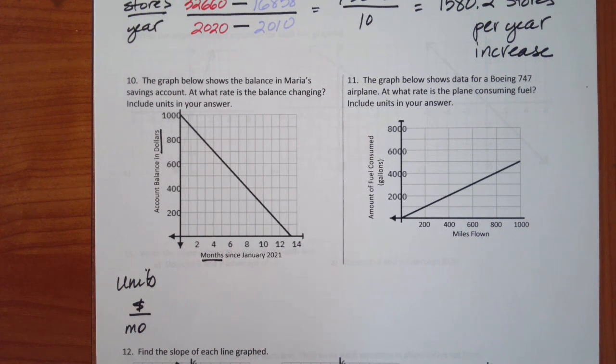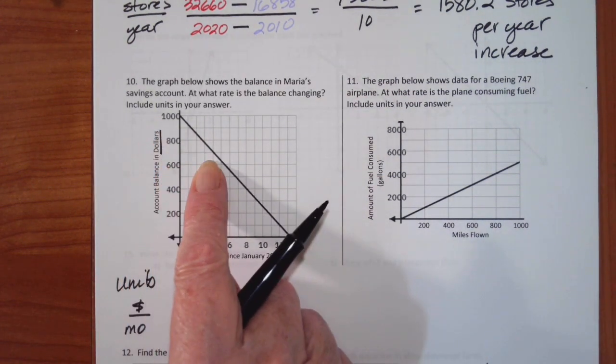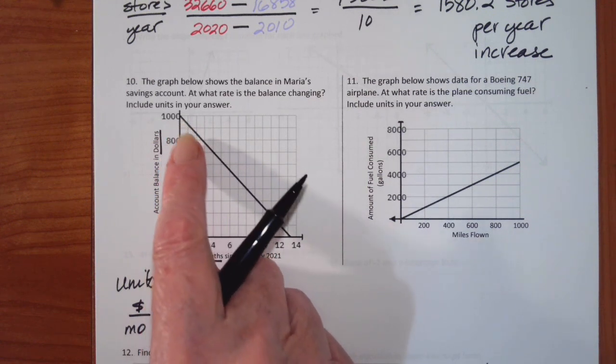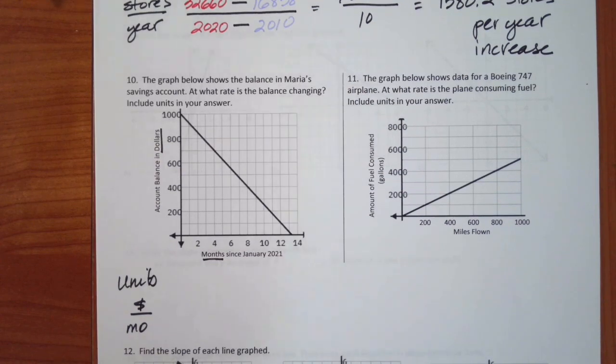So what I need to do now is find 2 points on the graph. And since they're scaled differently, I can't just count boxes. I can't just say, all right, I'm going to start here and go down 1, 2, 3, and over 1, 2, 3, 4. That's not going to work. We're finding the slope of the line, but we have to pay attention to the units.